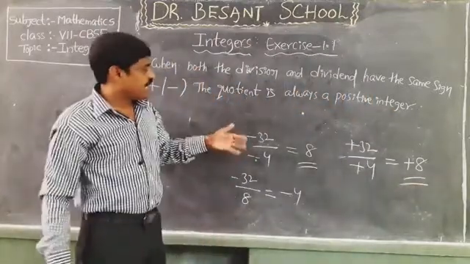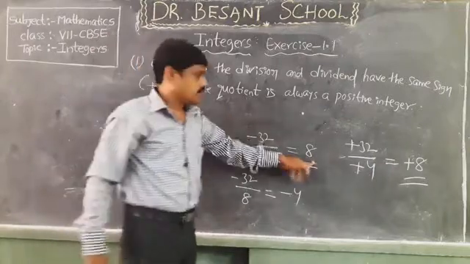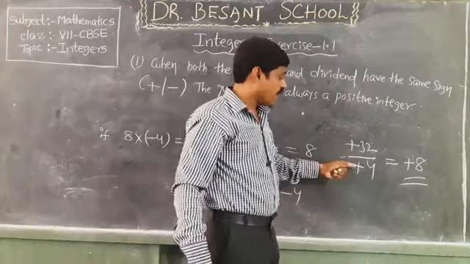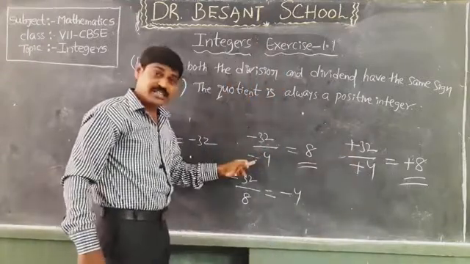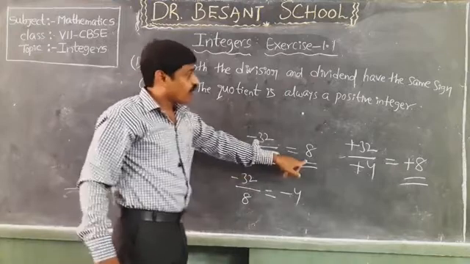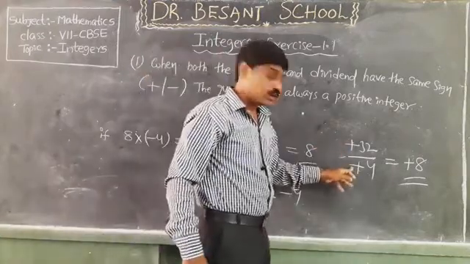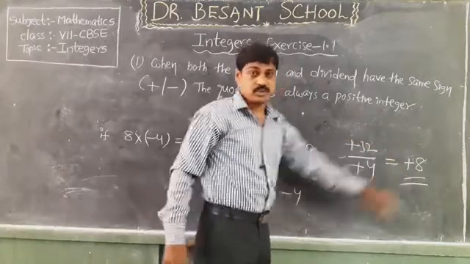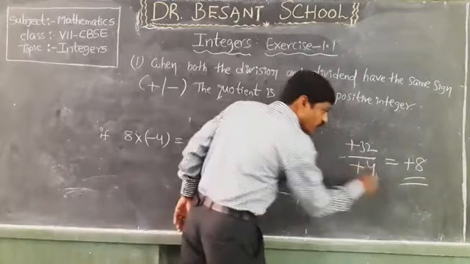Here dividend and divisor both are negative, and we got a positive result. Here dividend and divisor both are positive, and we got positive. So if both are negative, we got positive. If both are positive, we got positive.